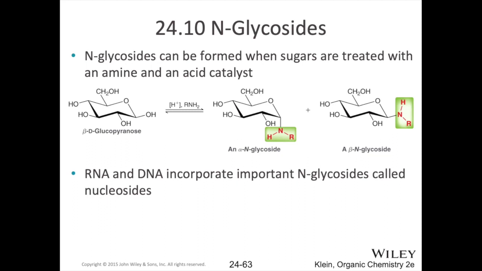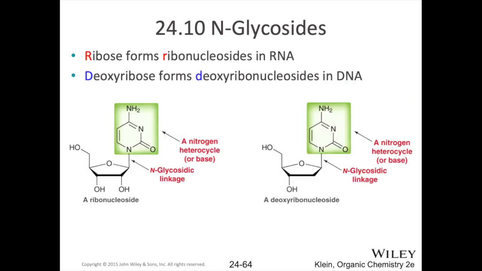All right. Now, if you've heard the term N-glycoside before, or have it ring a bell, you're probably thinking of it from RNA and DNA. Okay, so the N-glycosides in those are called nucleosides. All right, so for example, here we have a ribonucleoside where we've got the ribose.